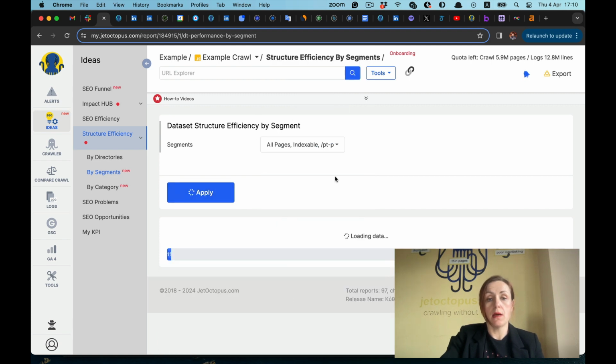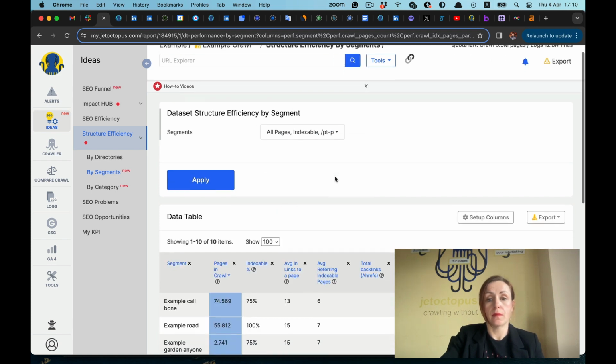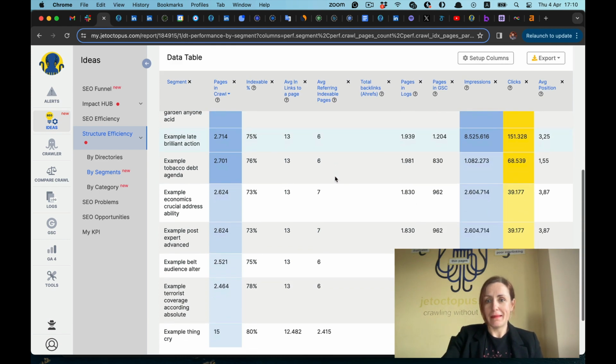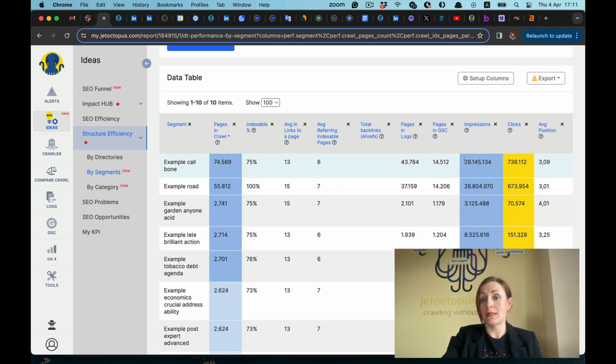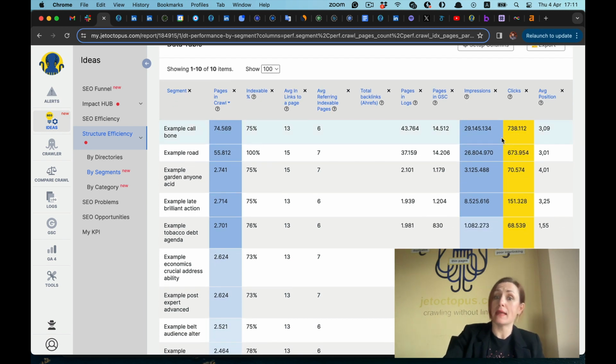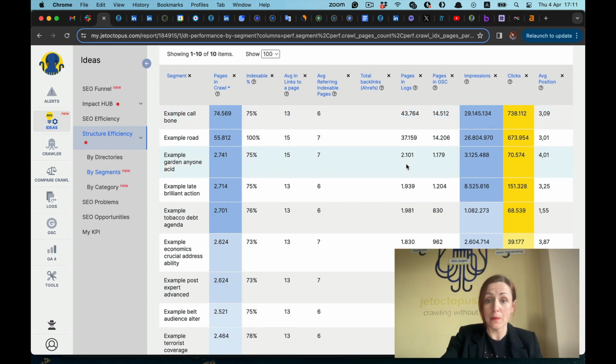So we just apply, and we get the same information, but right now by segments. And you see which segments are the most effective in terms of impressions and clicks. And again, compare that with the visibility for Googlebot here, which is a very important thing.